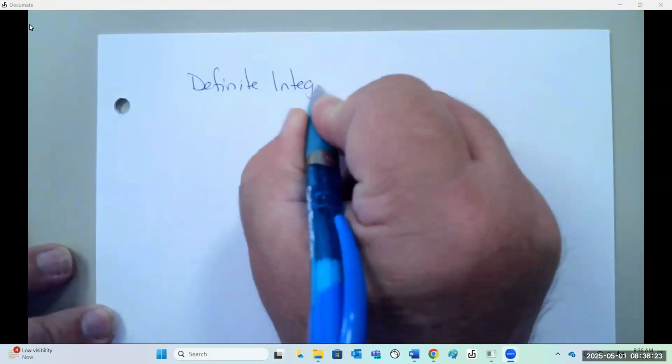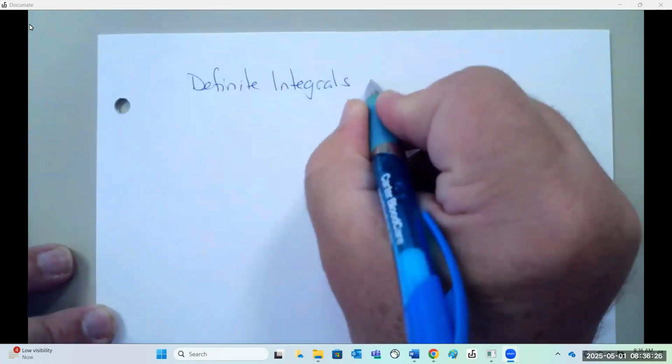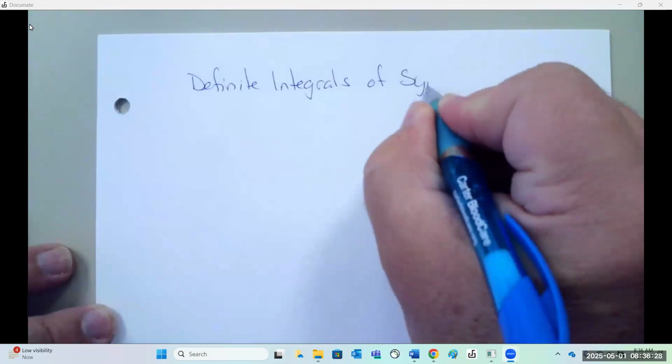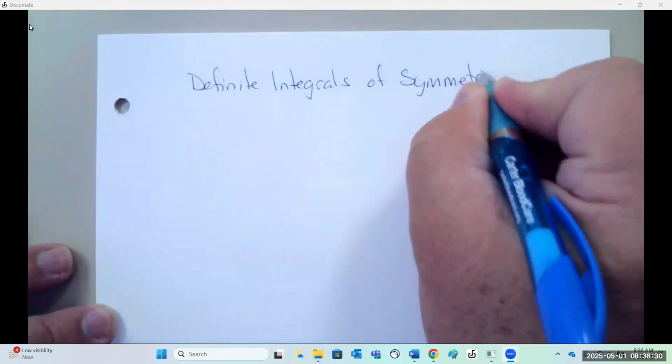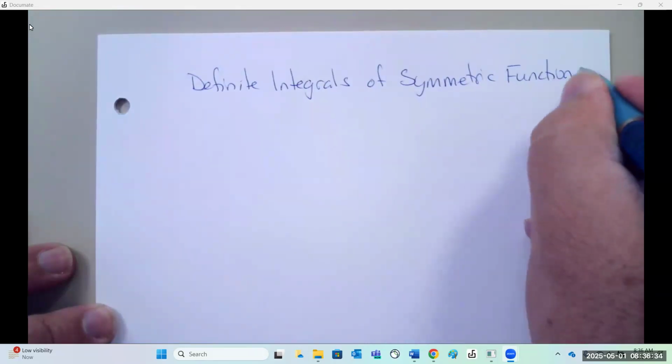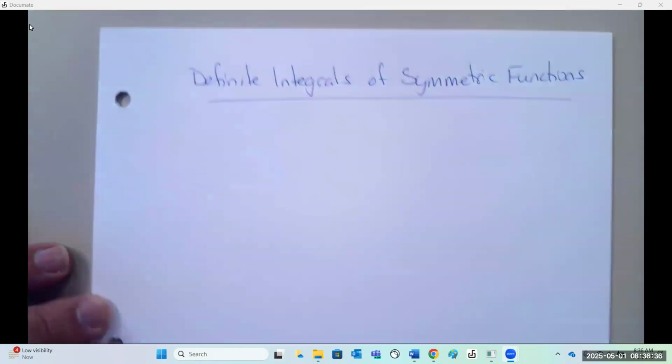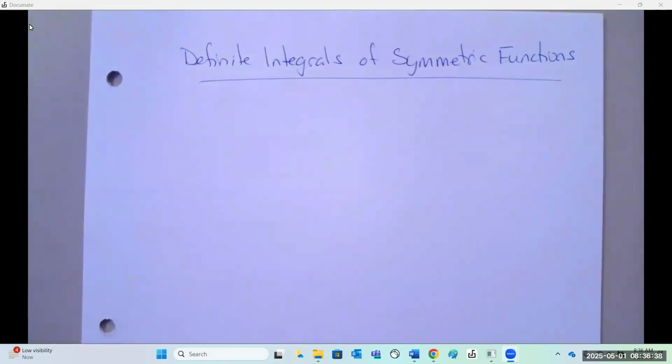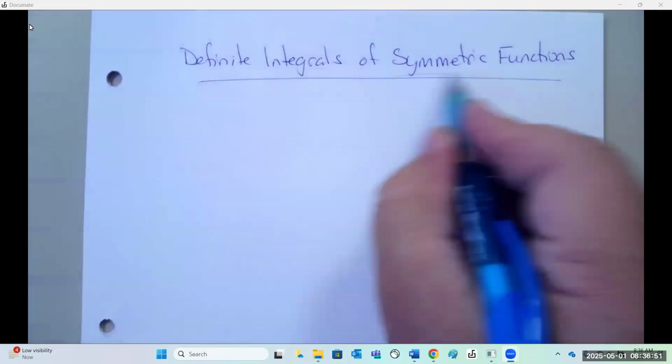Which leads us to this. What are symmetric functions? When I say symmetric functions, what do I mean? What does symmetric mean?